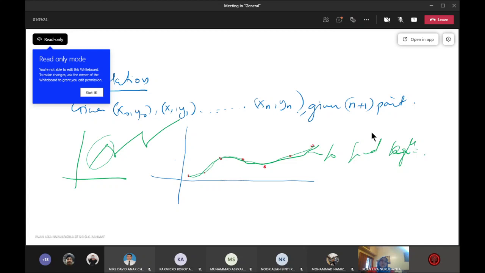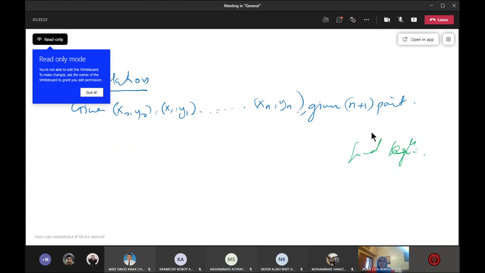Okay, so let me just, okay, you are given the point. For example, kalau awak pergi, you know those people, they measure the rain every day, kan?